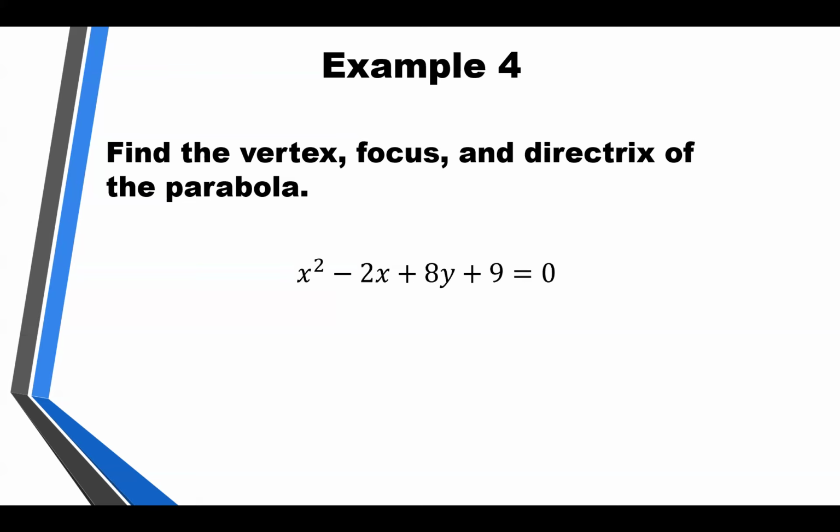So let's use the ideas in example 3 to find the vertex, focus, and directrix of this parabola that we have in example 4.